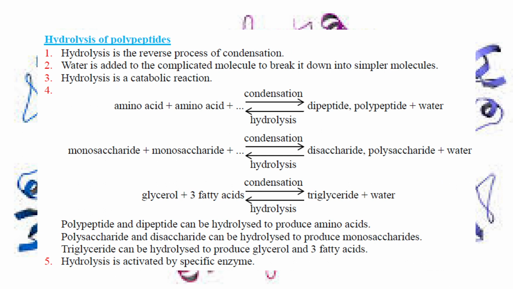Remember condensation. There is hydrolysis, the opposite, right? I remember for the monosaccharides we can decompose the disaccharides to be monosaccharide by hydrolysis. Triglyceride can be hydrolyzed to go back to glycerol and free fatty acid. Also for the dipeptide and polypeptide, we add the water there and then we can do the hydrolysis and go back.